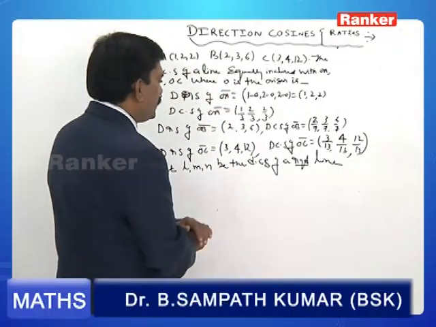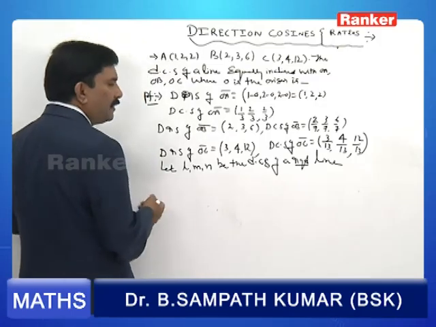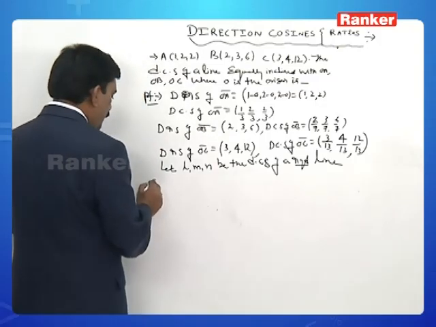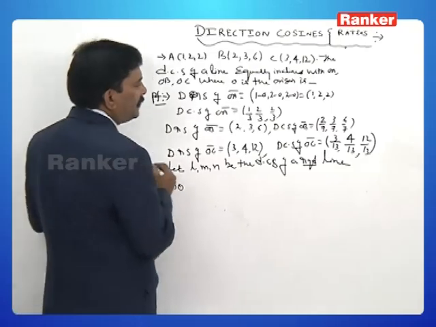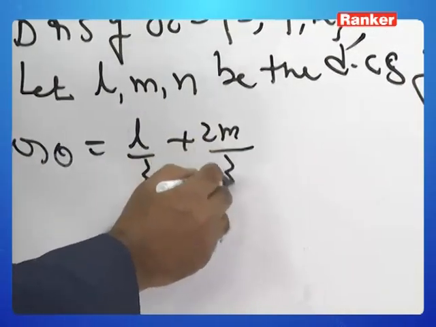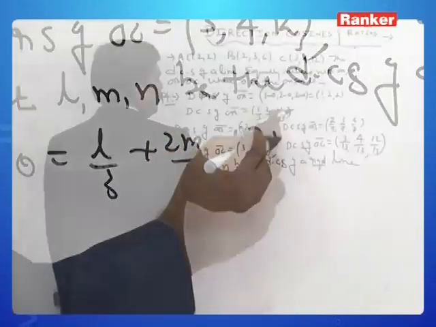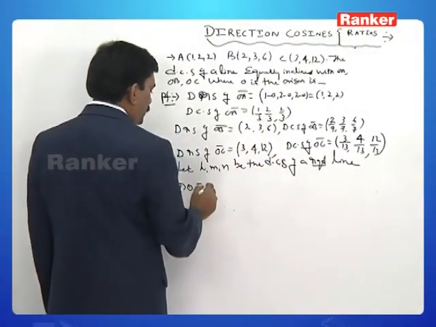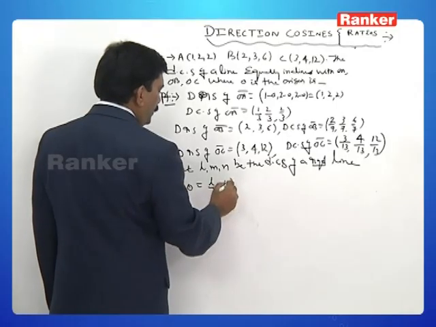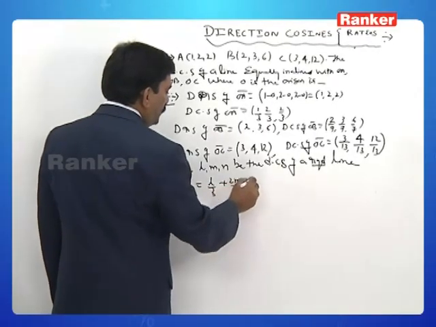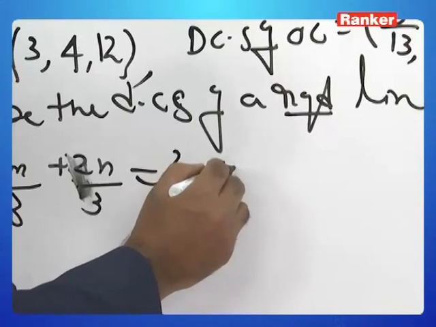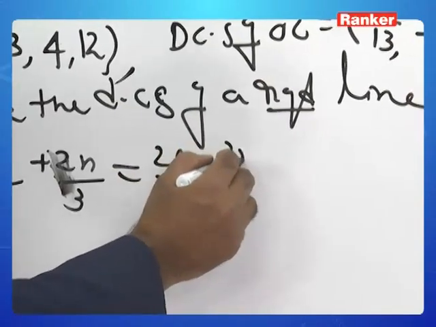Equally inclined means cos theta is equal to, the dot product with the DCs of OA bar, so l by 3, 2m by 3, 2n by 3.